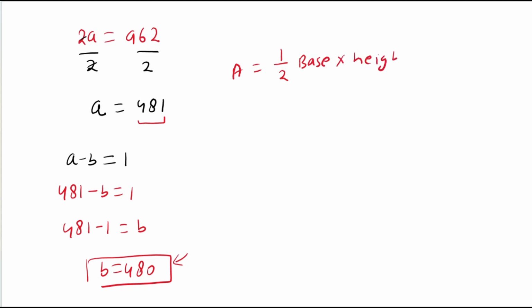So 1/2, base is 31 times height 480. Then 480 divided by 2 gives 240, and 240 multiplied by 31 gives 7440 square units. This is our final answer.